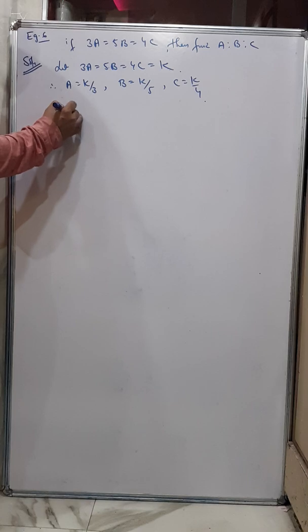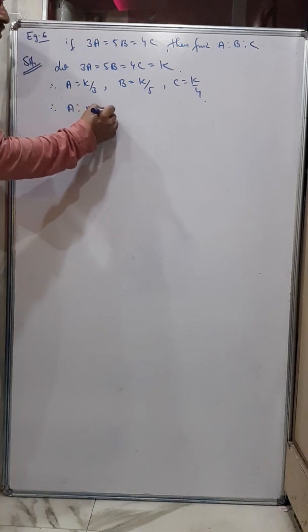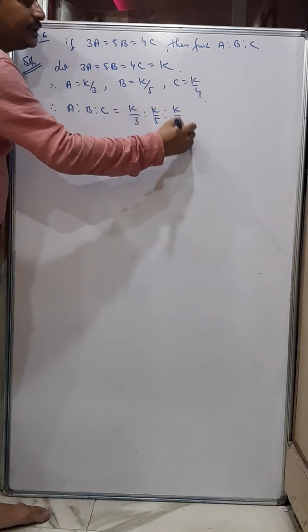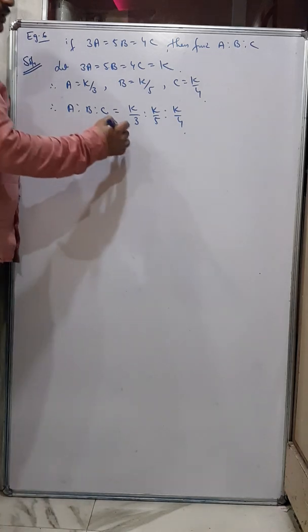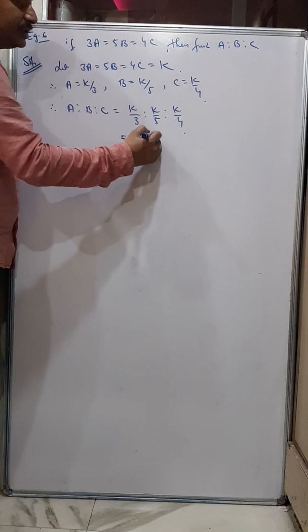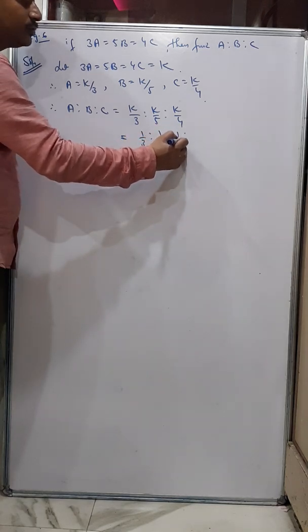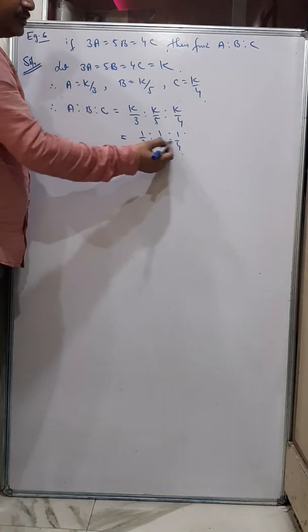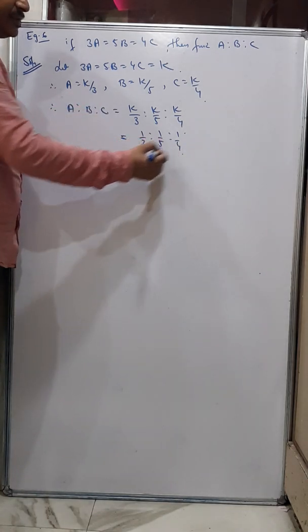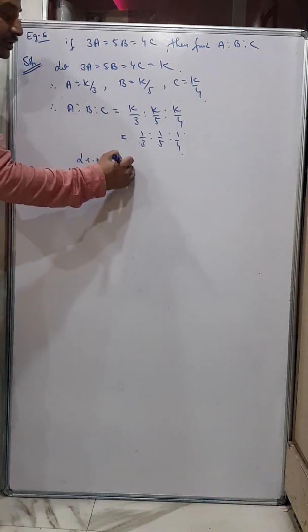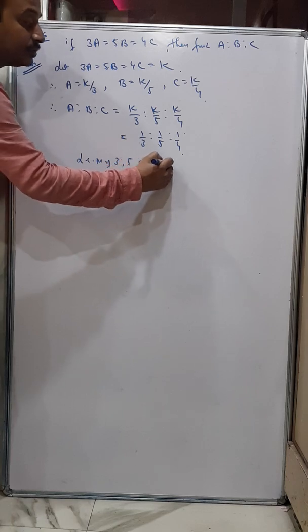And therefore finally I can say that a is to b is to c is equal to k by 3 is to k by 5 is to k by 4, and finally the common terms get cancelled, so I get 1 by 3 is to 1 by 5 is to 1 by 4. And now after this, to bring this in proper form, we have to take the LCM of 3, 5 and 4. So the LCM of 3, 5 and 4 is in fact what?